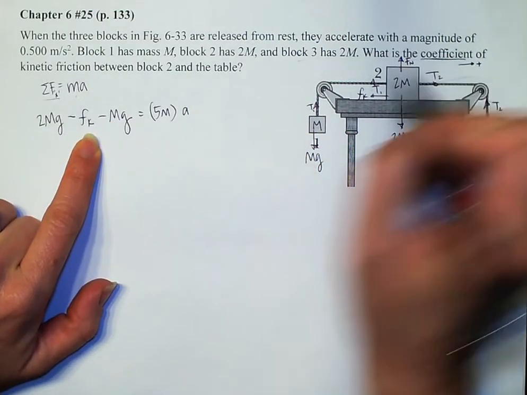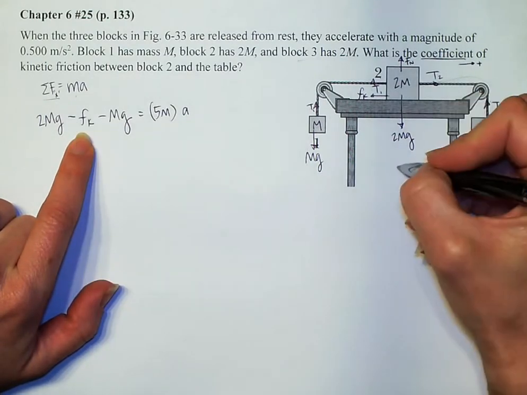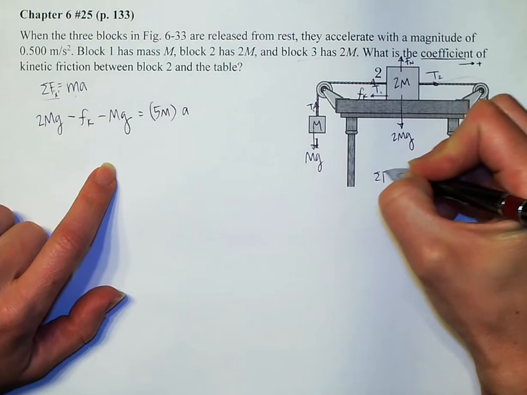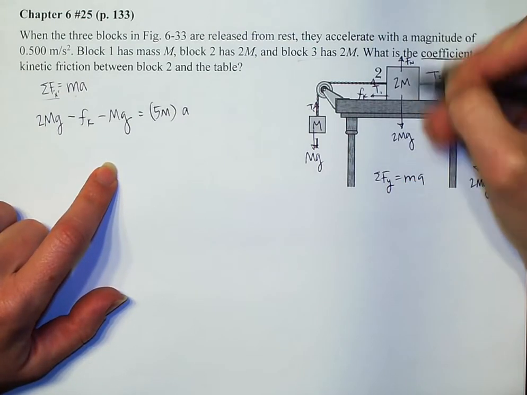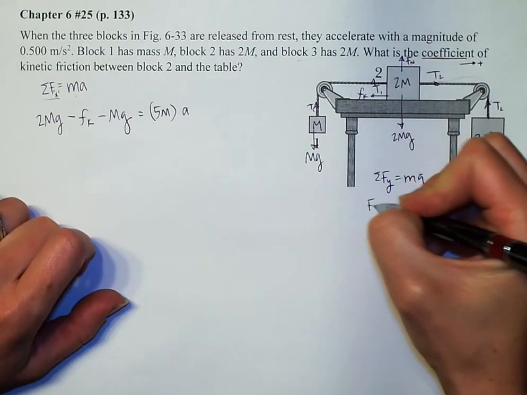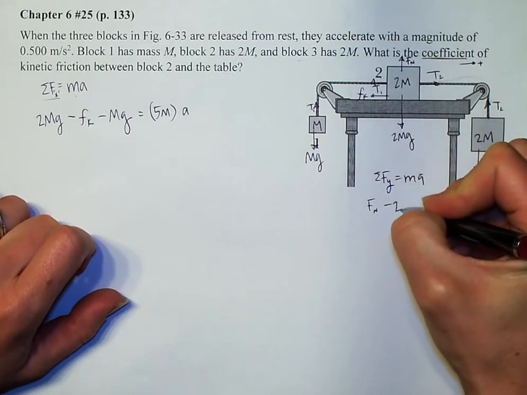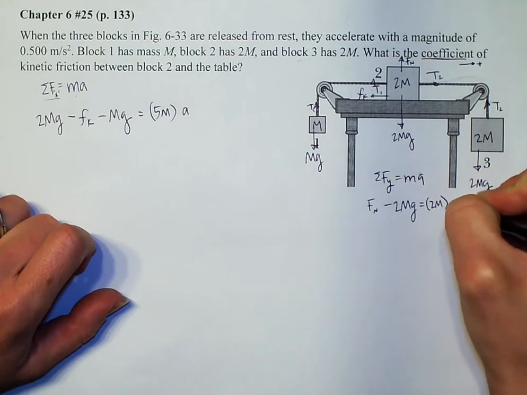Okay, so now we need to figure out something about our friction because we want to know something about the coefficient of kinetic friction. So you have to break this down a little bit. In order to do that, I'm going to do the sum of the forces in the y direction, specifically for right here. And so I'll choose up to be positive. So force normal minus 2mg equals mass, which is 2m, times acceleration.